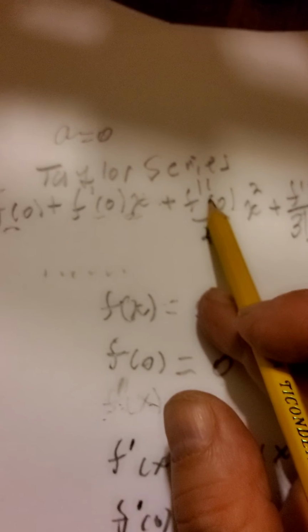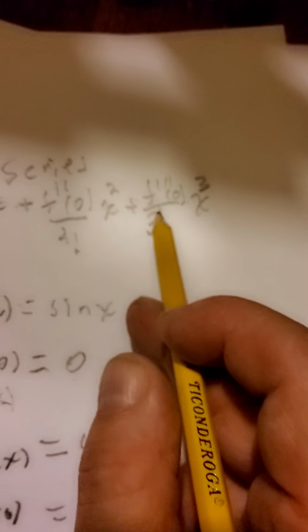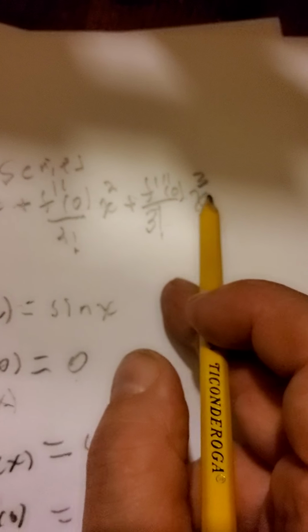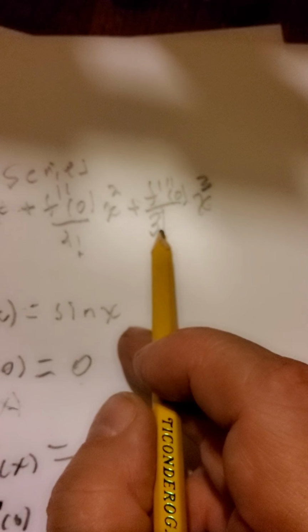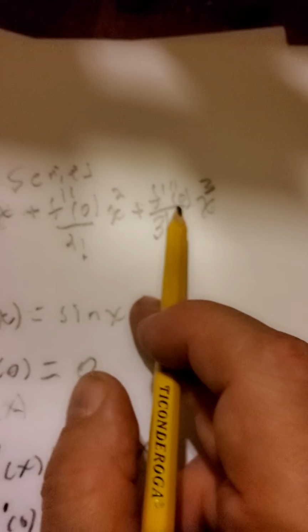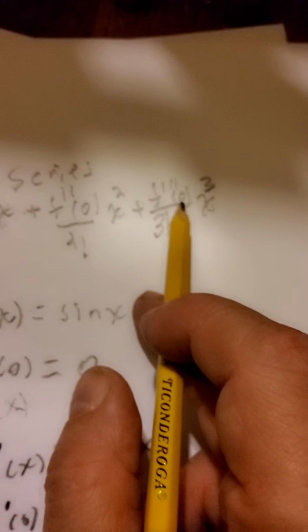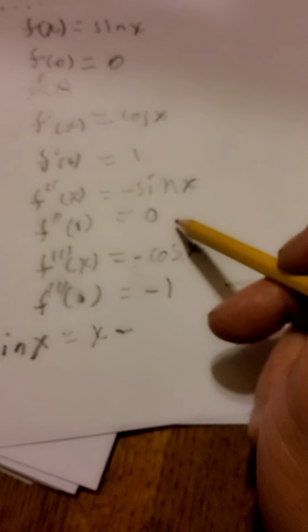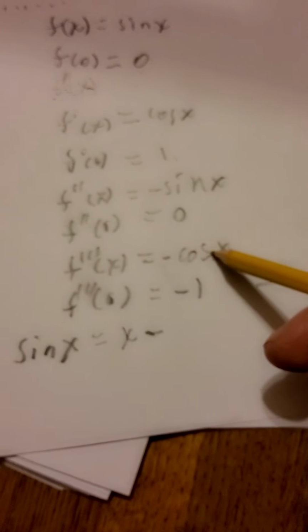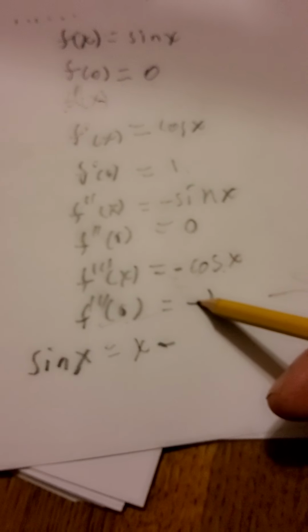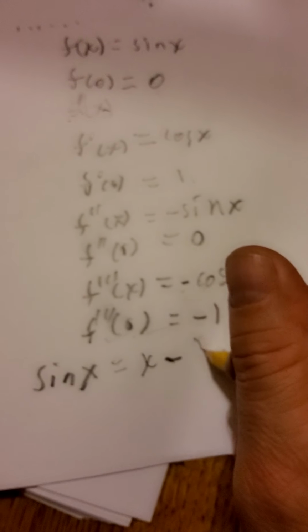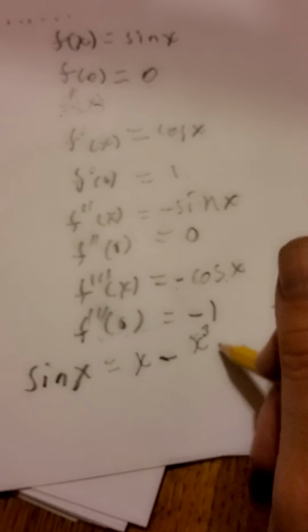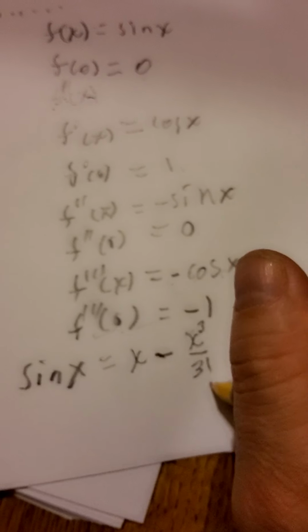Plus f triple prime of 0 over 3 factorial times x cubed. Remember, I calculated f triple prime of x equals minus cosine, and I plug in a 0 there, and I get a negative 1, next to this x cubed over 3 factorial.